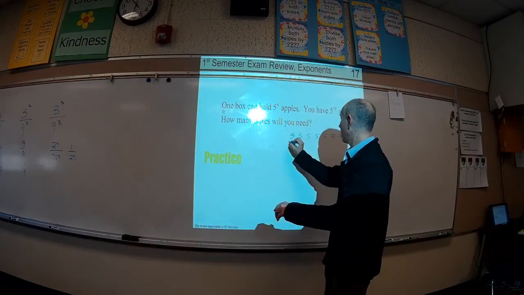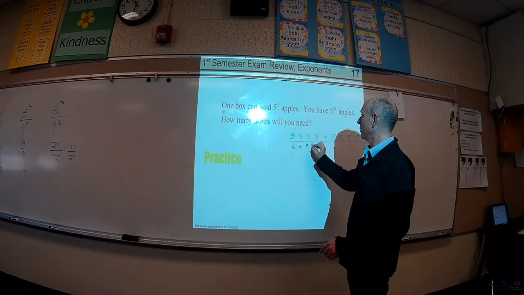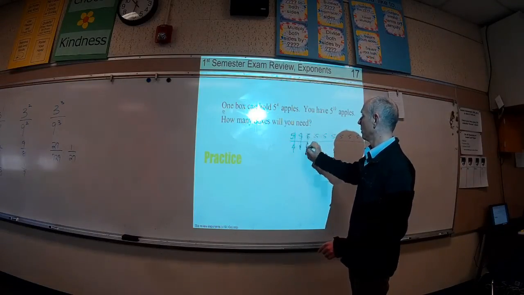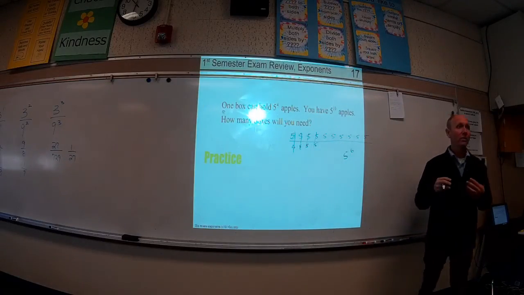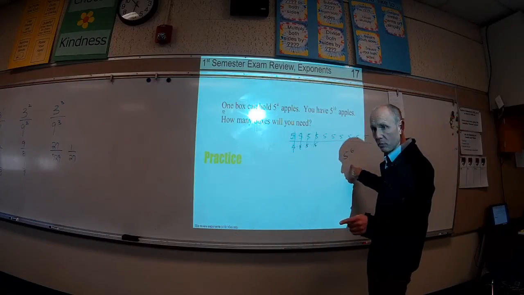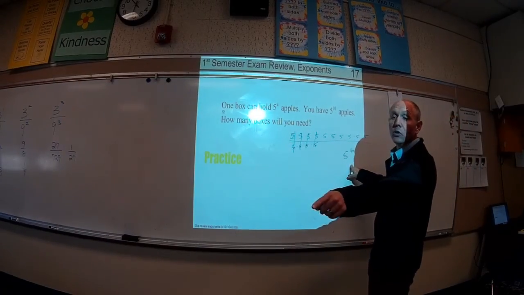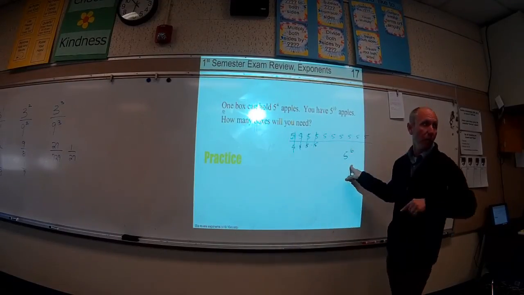Cool. No 10s anywhere. 5 times 5 times 5. What am I left with? 5 to the 6th power. And what is 5 to the 6th power? You lost it. Did you have 5 to the 6th at some point? Yes. You did, that's 5 to the 5th right there. So you lost a 5 when you're multiplying.